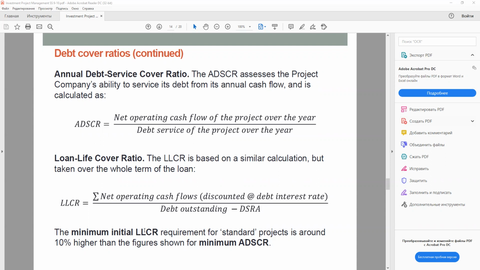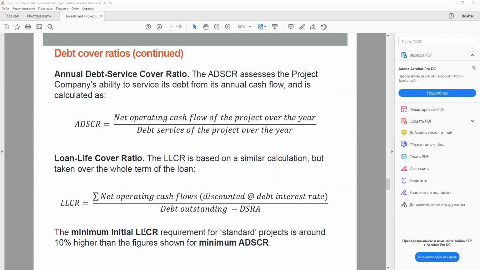And apart from the initial LLCR on the project completion, the LLCR may be recalculated throughout the rest of the project life, comparing the projected operating cash flow for the remainder of the loan term with the remaining loan outstanding on the calculation date.